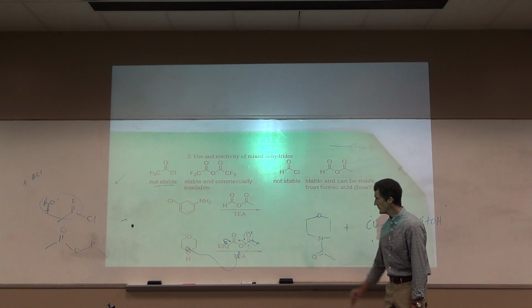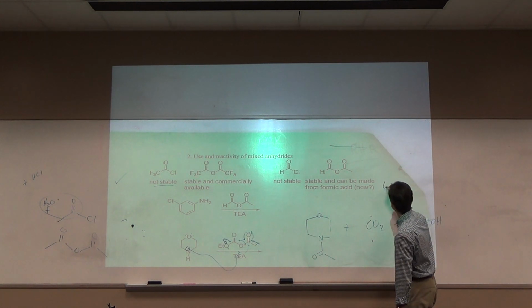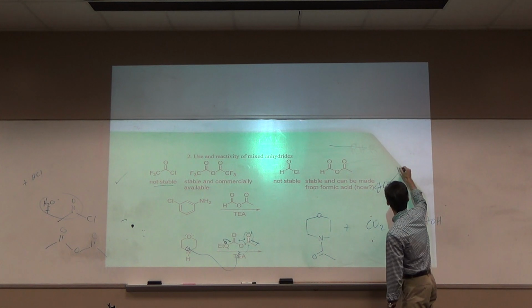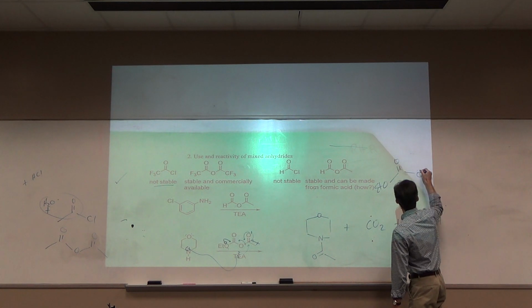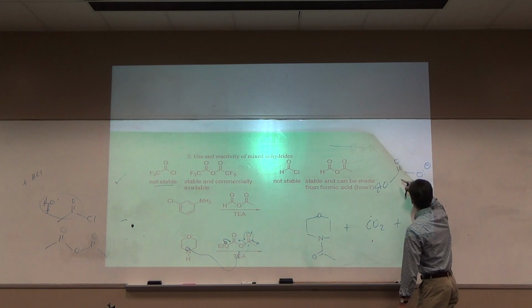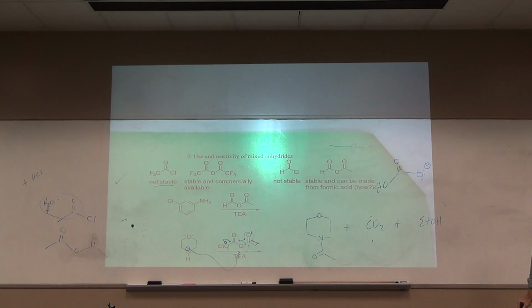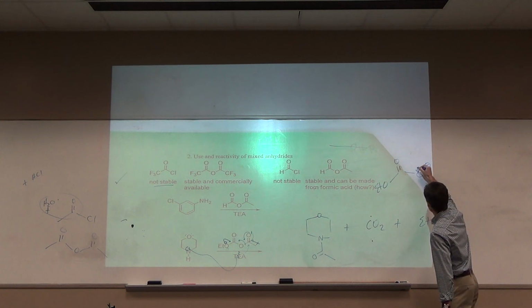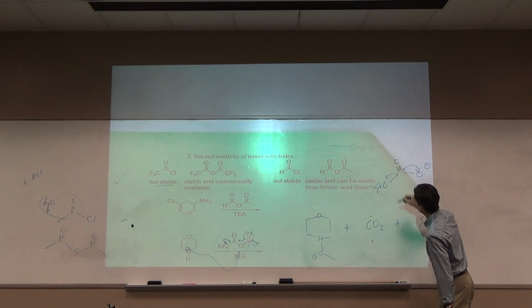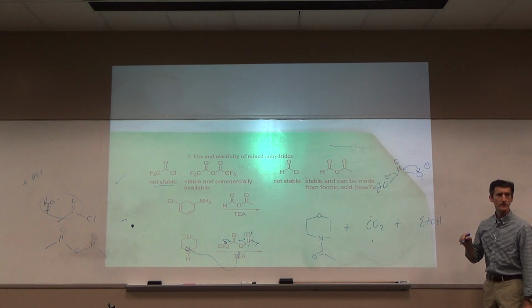Now, what did we form here? Was that the leaving group that we lost? Yeah. Okay. How do we get CO2 here? Anytime you can make a pi bond and kick off a leaving group, easy to do. Have we said that before? Yeah.